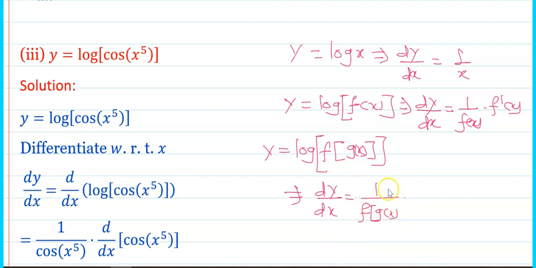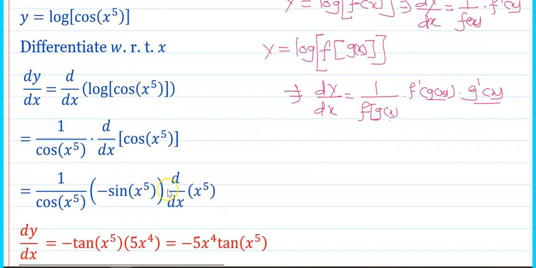What about the next? Next, f dash of g of x. And lastly g dash of x, in this way. This is very important. How many functions are there? This first, second and third. First, dy by dx is equal to 1 upon f of g of x, into the derivative of this f of g of x, which is f dash of g of x, into again the derivative of this g of x, which is g dash of x.